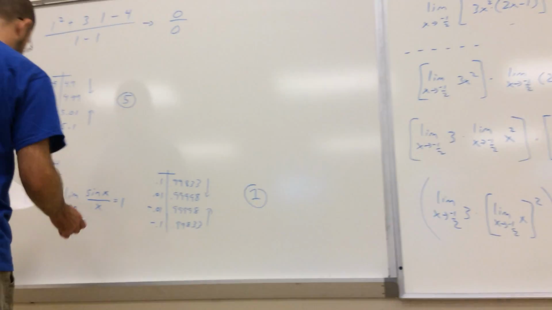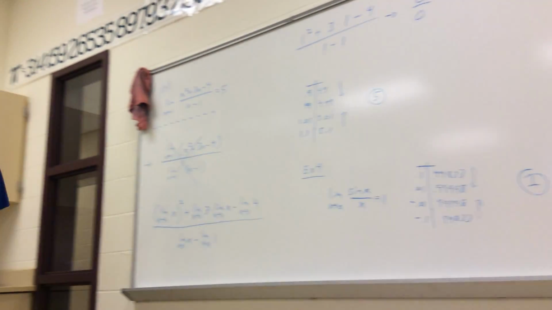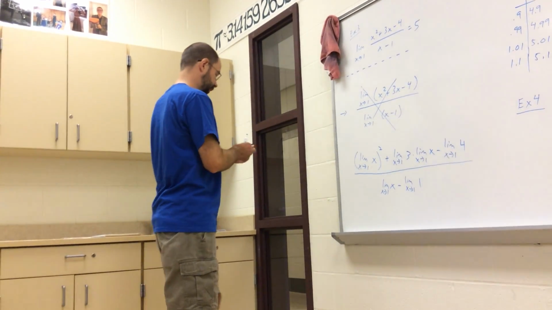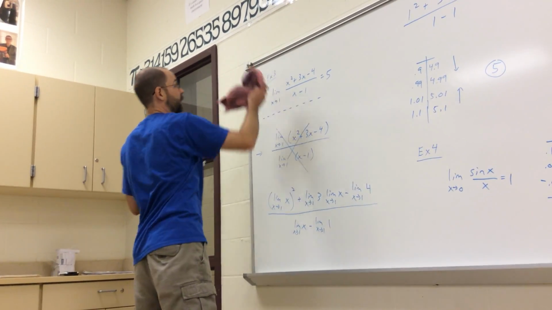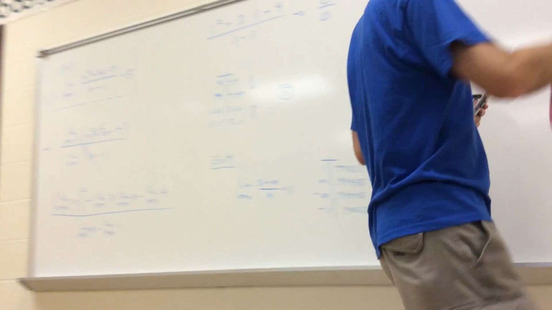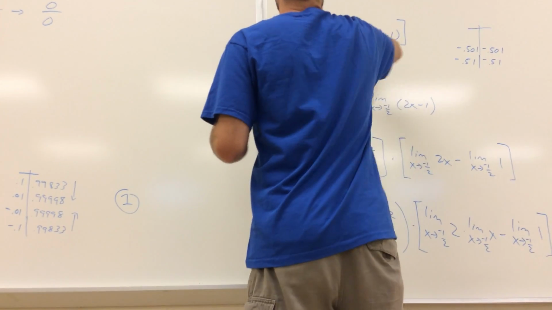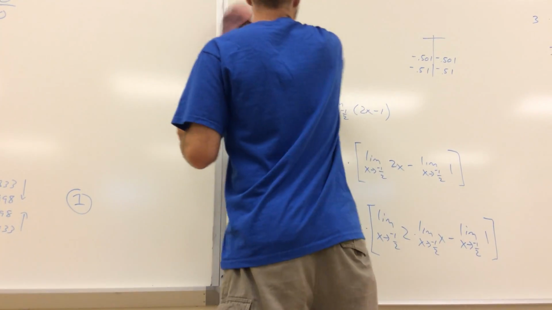So this limit here is a very famous limit, and so I want to make sure that you know what this limit is. So I'm going to make an emphasis to write this down.